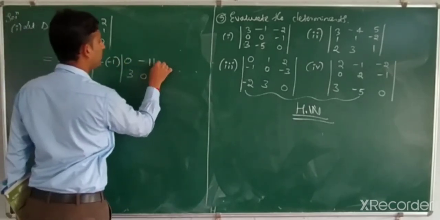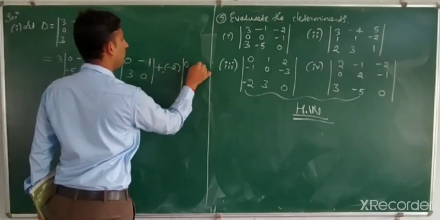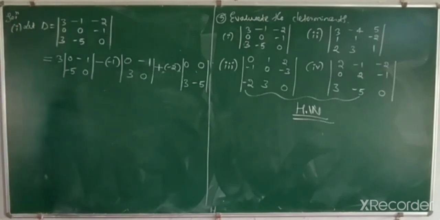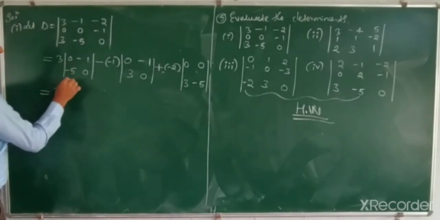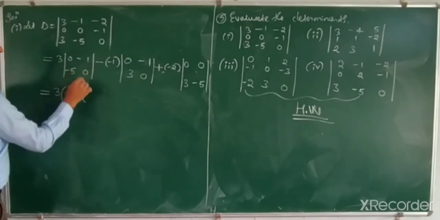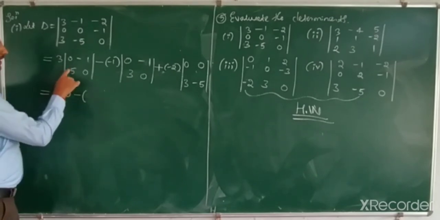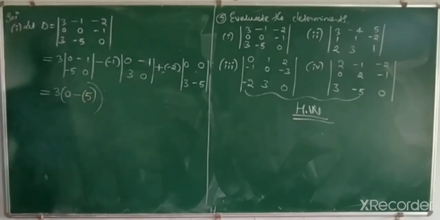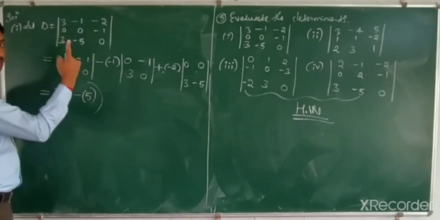After that, plus into minus 2, positive value, that is 0 0, 0 0, 3 minus 5, 0 0, 3 minus 5. Then our simple calculation, AD minus BC, 0 minus 5, correct? Minus 5 into minus 1 becomes minus, formula minus, minus of minus becomes plus 1 or plus 5, correct? 0 into 0 is 0.